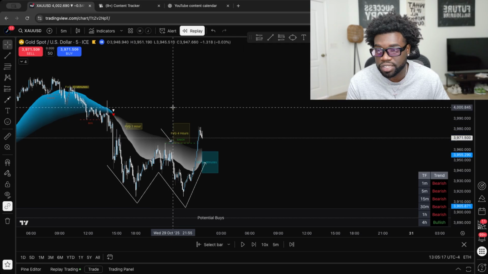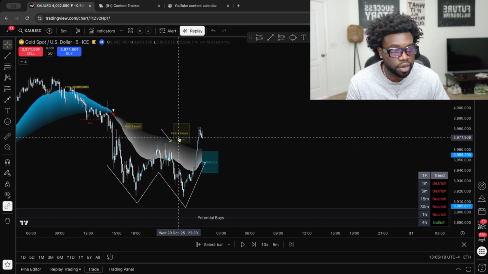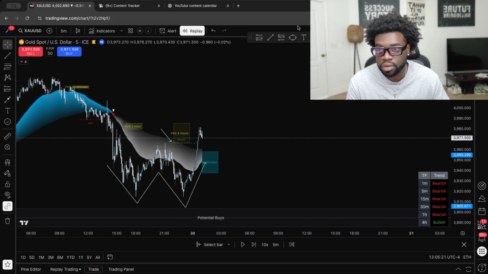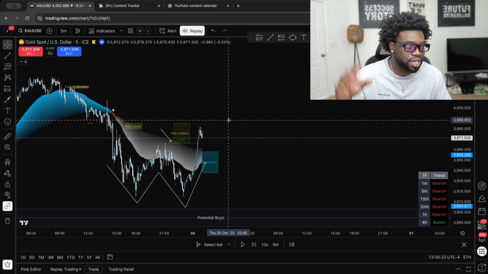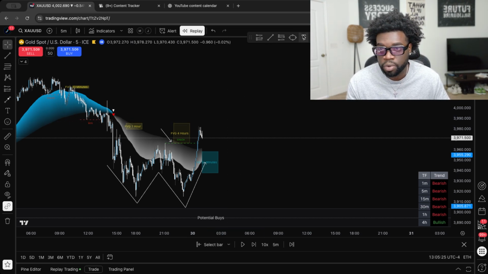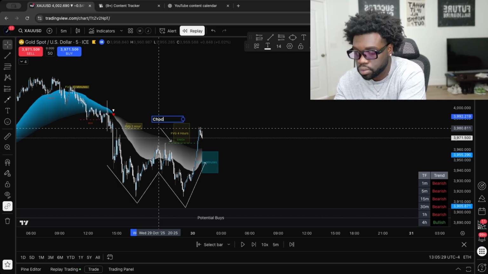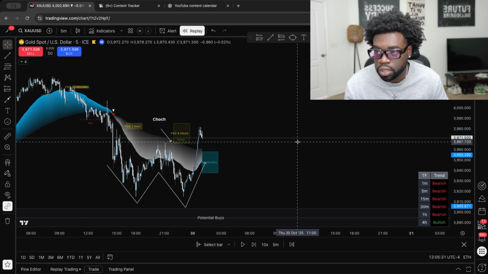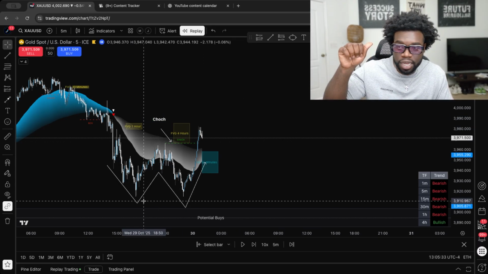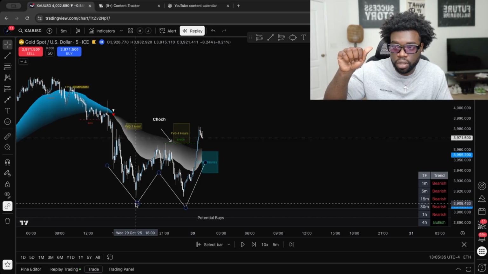I don't know if you can see this green line that says CHoCH. You're able to change the text size within the indicator too. But we got our CHoCH.